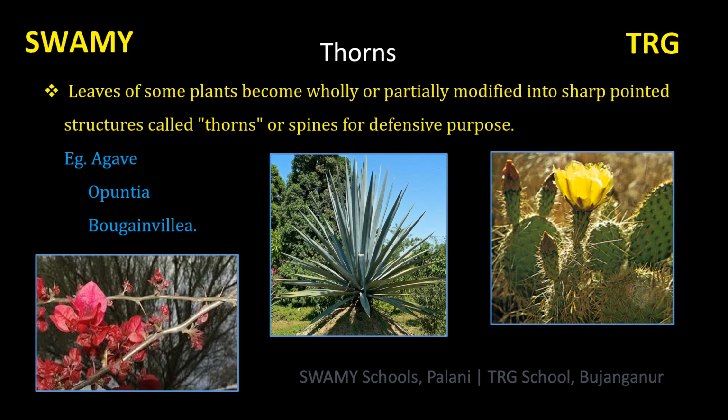In agave, the leaf apex and margins are modified into thorns. In opuntia, the leaves are modified into spines. In bougainvillea, the stem has sharp thorns.